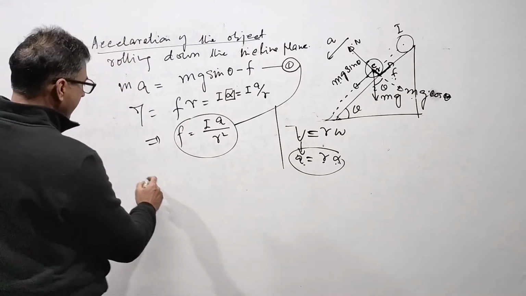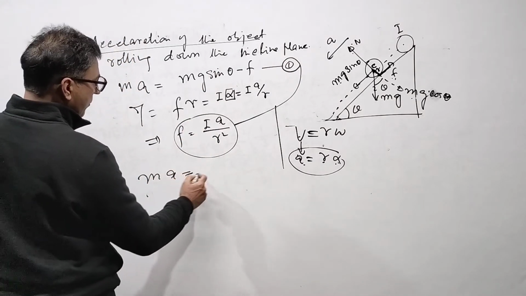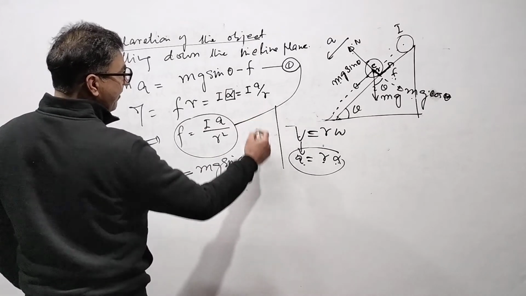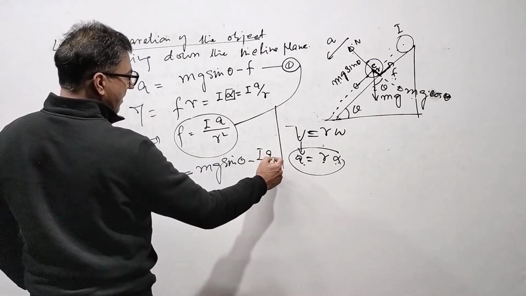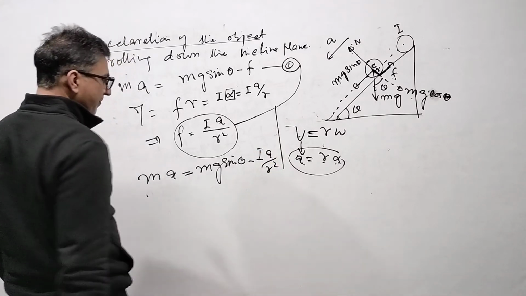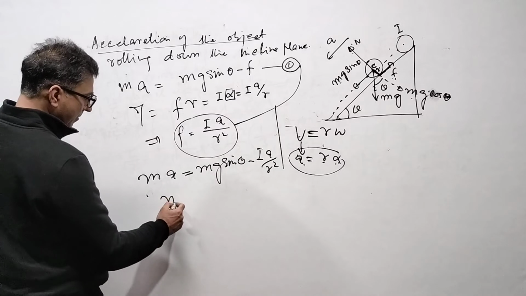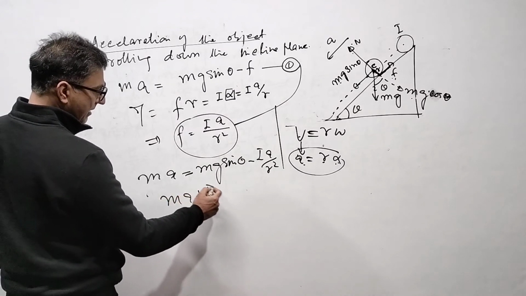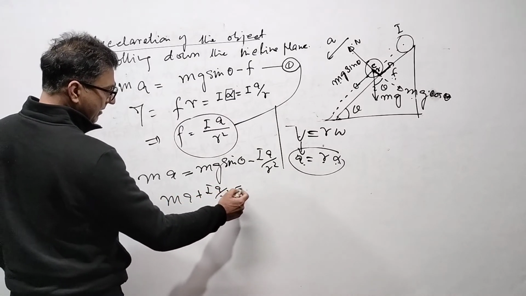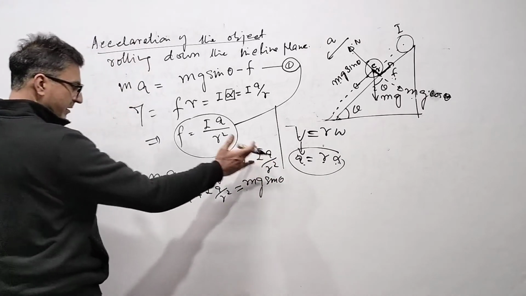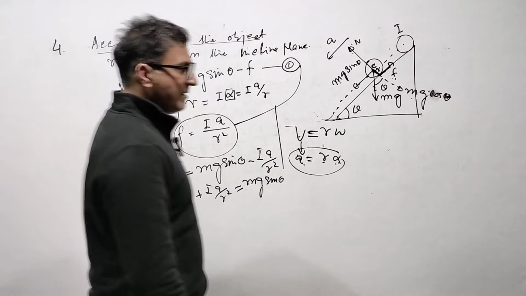So what should I get? MA equal to mg sin theta minus F, that is I A by R square, right? Bring this here: MA plus I A by R square is equal to mg sin theta.